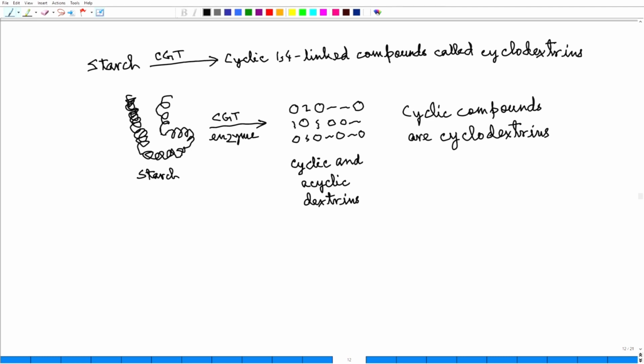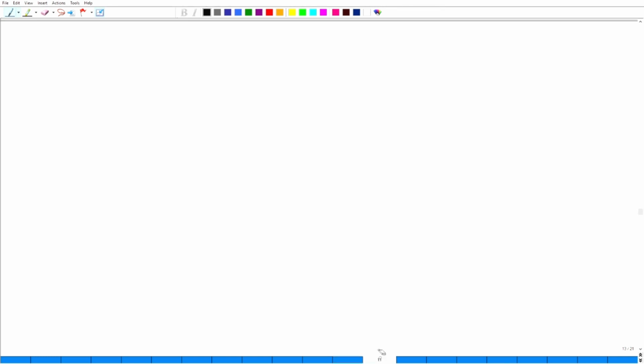So, let me draw a picture of cyclodextrin. It will take a while, but nevertheless I will attempt.